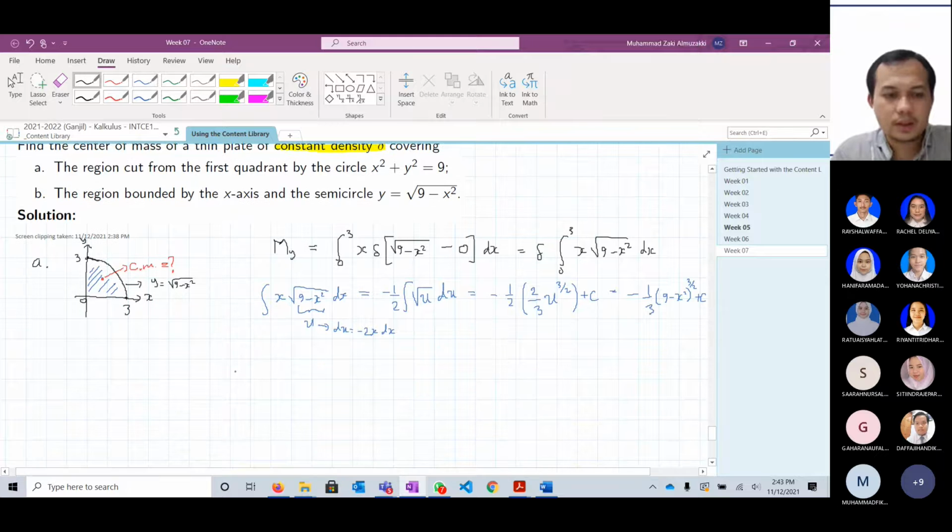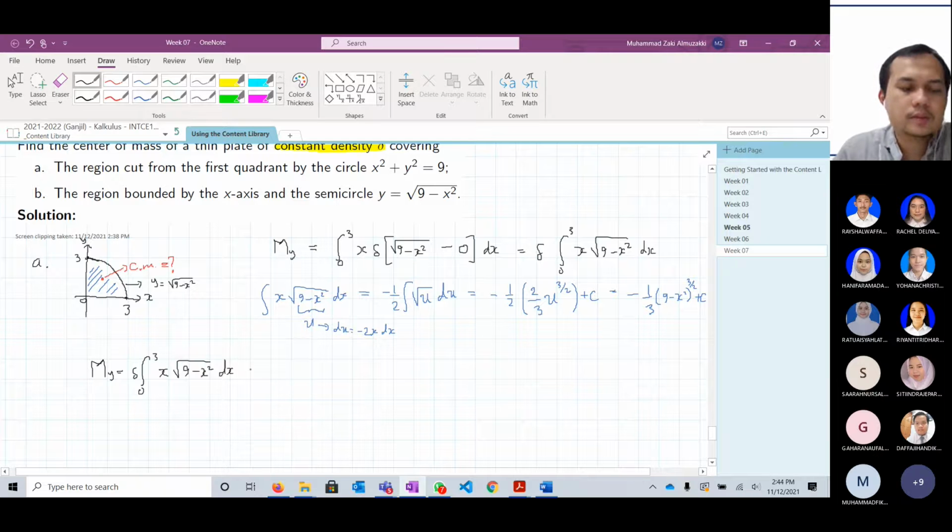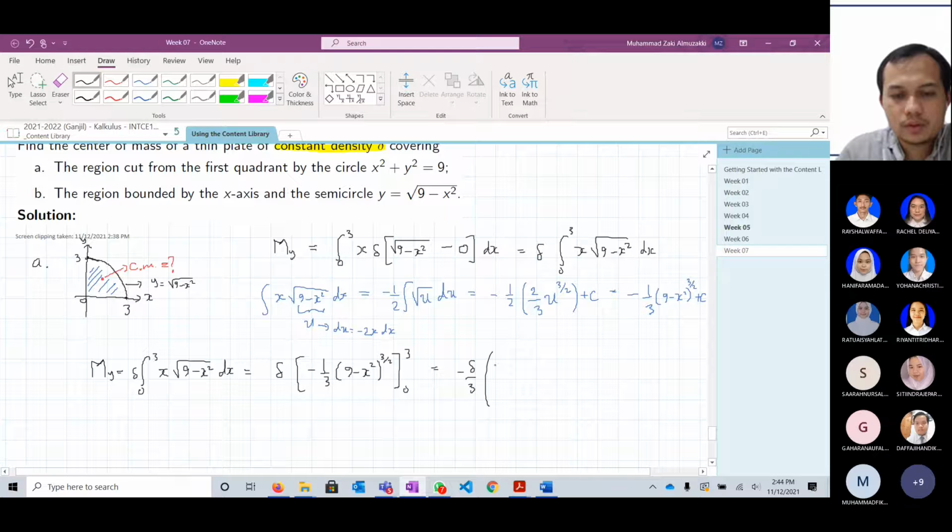So we can continue here. We have that now my is delta times integral from 0 to 3 x square root of 9 minus x squared dx, which is equal to delta times minus 1/3 times 9 minus x squared power 3 over 2 from 0 to 3, which is minus delta over 3, and then we substitute 9 minus 3 squared power 3 over 2 minus 9 minus 0 squared power 3 over 2.